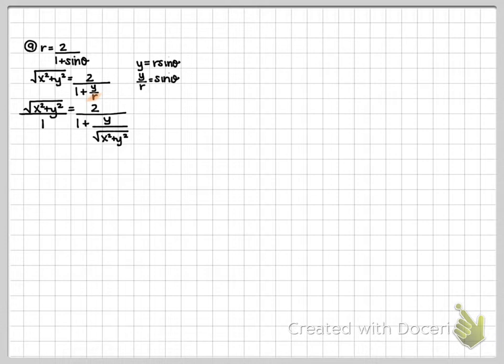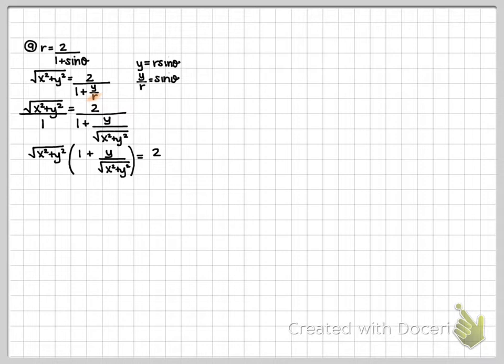So I'll have the numerator, which was the guy on the left, square root of x squared plus y squared, times the denominator on the right, which was 1 plus y over that square root as well, equals, and the top, which is just going to be 2 times 1 on that diagonal. Okay, this is actually okay and valid to leave it in this form, but there is a little bit of cleaning up we can do.